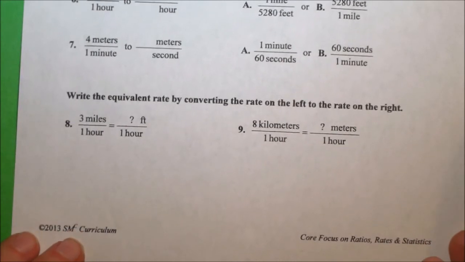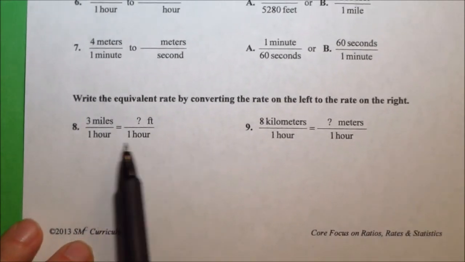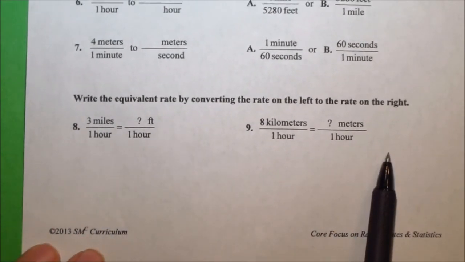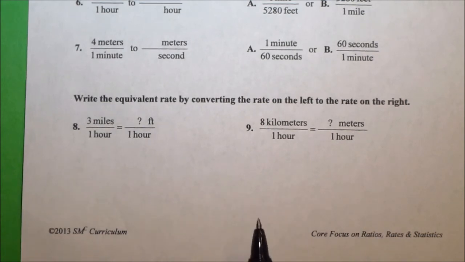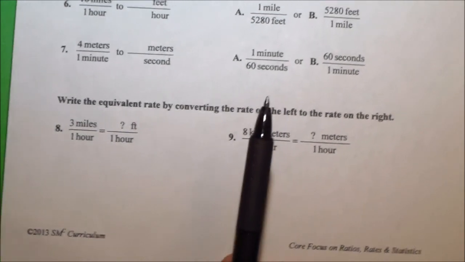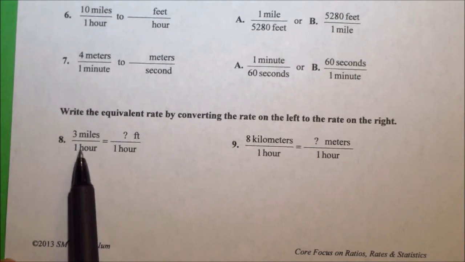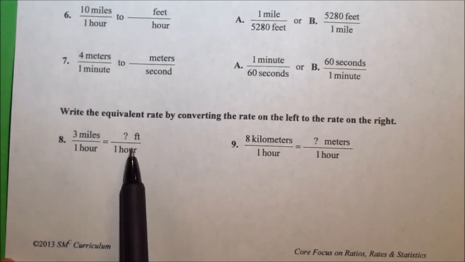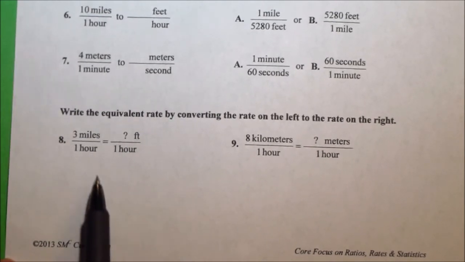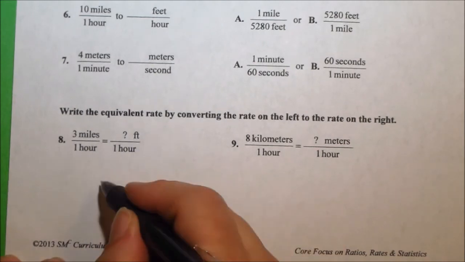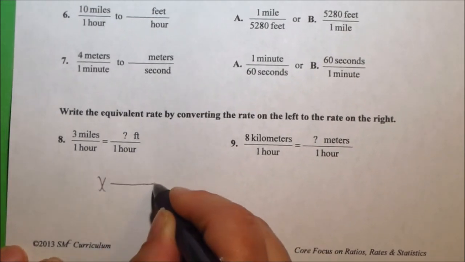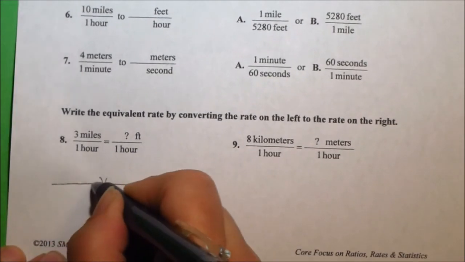Okay, and then number 8 and 9, they're just like the ones that we did in our final examples in our notes. So it's kind of confusing because they go directly from rate to rate without showing you the times something. So I would write this out if it were me.